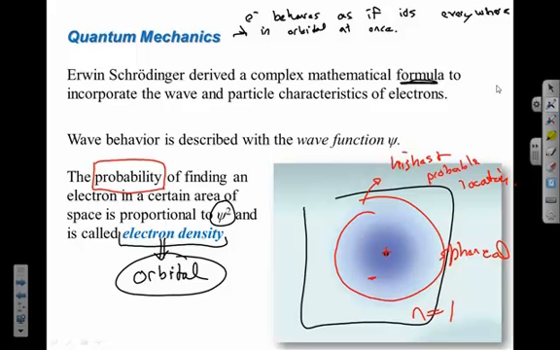And so this density map shows the darker the color is the greater electron density, or the greater probability for the location of the electron. So the electron's everywhere in here, but more highly probably located in the areas of greatest density.